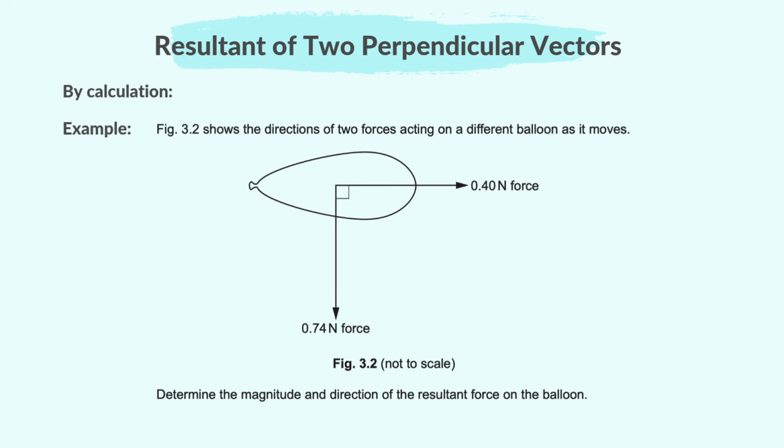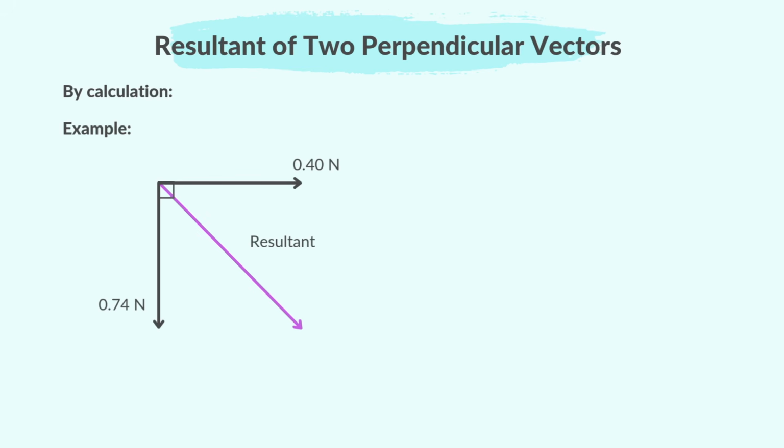So, the question asks us to calculate the magnitude and direction of the resultant force on the balloon. Let's first calculate the magnitude of the resultant force. Now we know that to apply Pythagoras' theorem, we need to form a right-angled triangle. We already have 0.40 newtons to the right and 0.74 newtons downward.